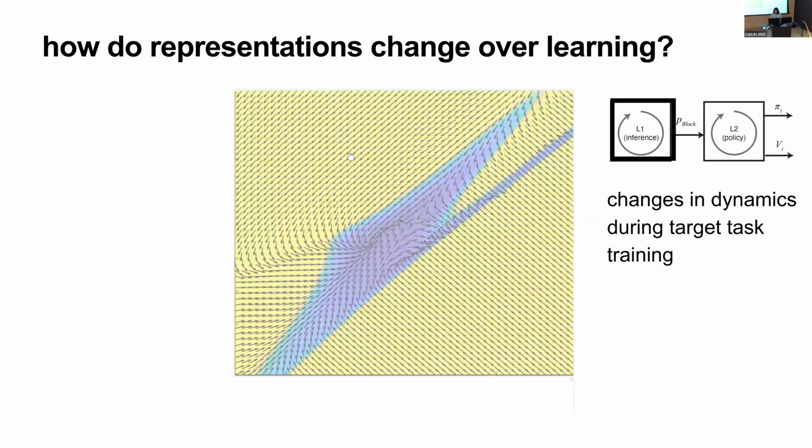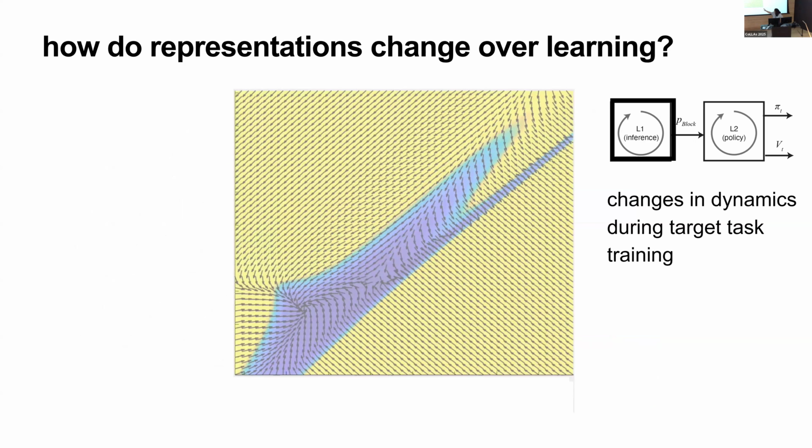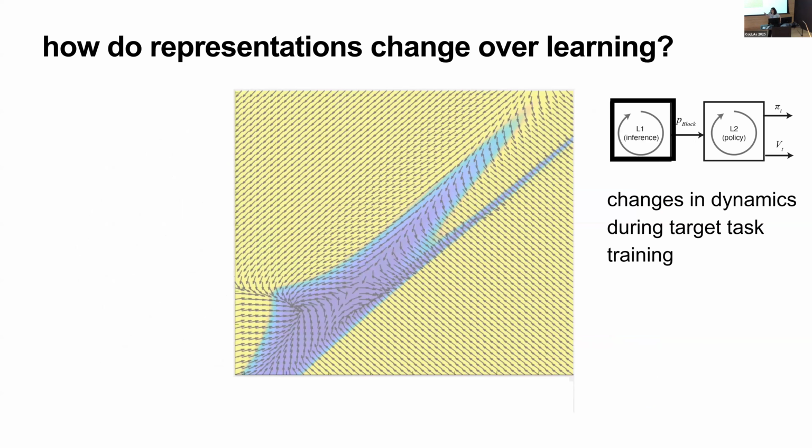And I also have a cute video that shows how the flow fields evolve over training. So you see it's the same kind of dynamical system features. It gets morphed a little bit, and you might make additional secondary structure. But there's this notion that the dynamical systems features that you build originally are just carried along for the ride for the final task.